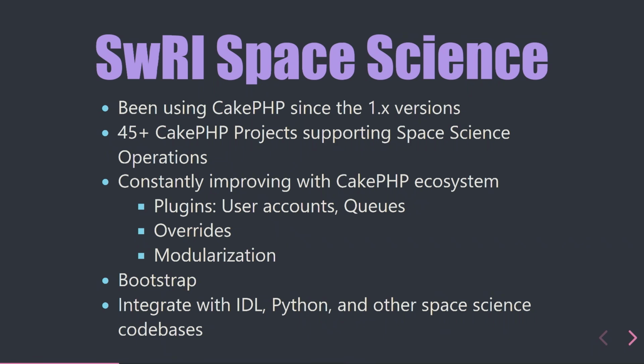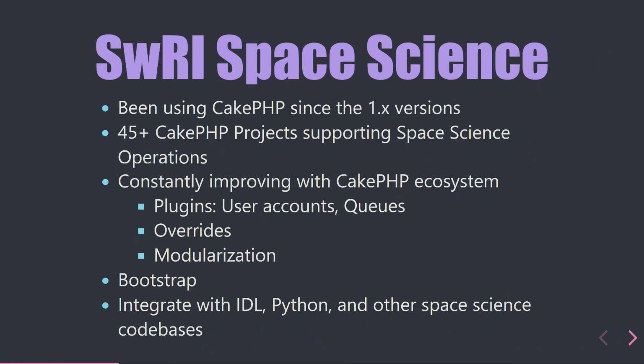We're constantly using all kinds of things in the CakePHP ecosystem, including the different user account plugins like Auth and ACL, our own one, CakeDC Users, and TinyAuth. With so many applications, we find a way to use different ones.